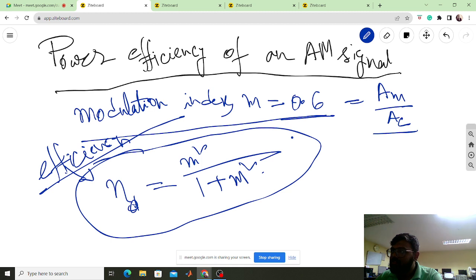Power efficiency of AM only I'm talking about. In one of the solutions, I think the answer was incorrect. Okay, so you can write it on the NPTEL forum. Actually, I'm not checking the actual answer sheets. Okay, so at most I can help you with the concepts. Okay, fine, thank you.